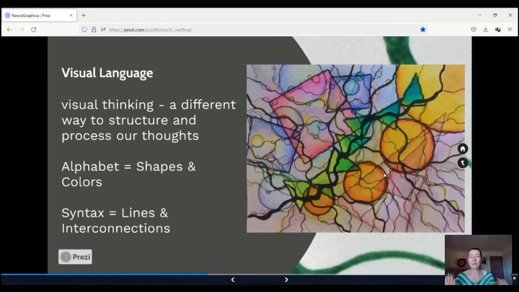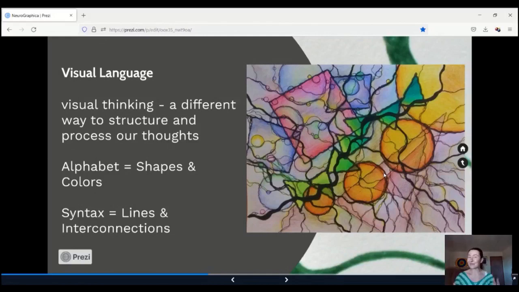I can bring the complexity of life, put it out on my piece of paper, and work on it, and literally go through processes of restructuring it. So this visual language allows us to think in a different way, to see different connections, to process our thoughts in a different way.